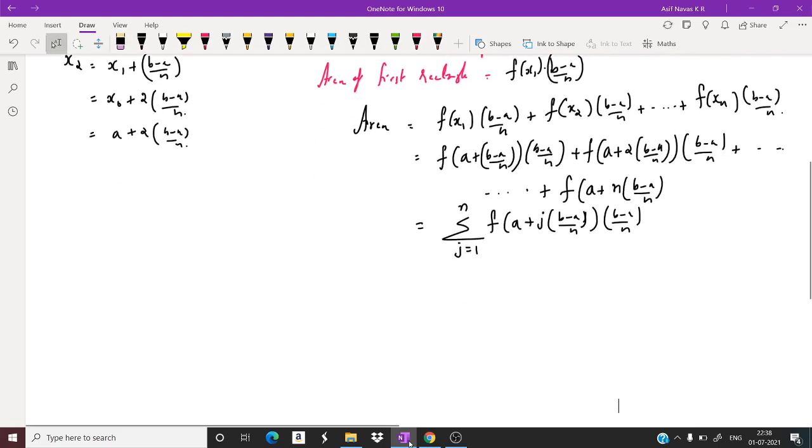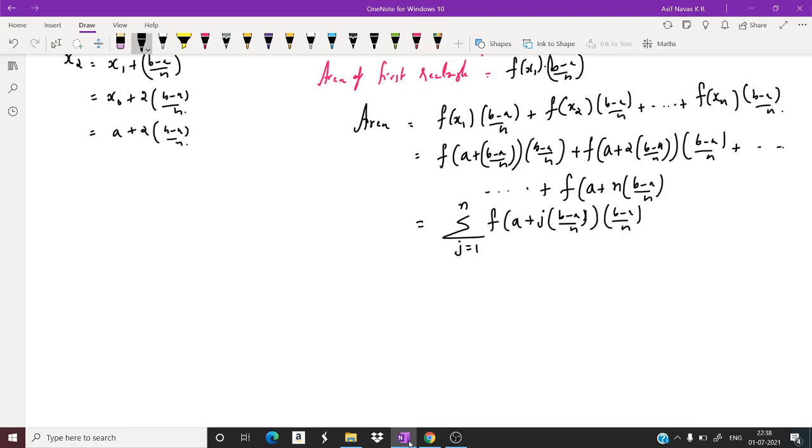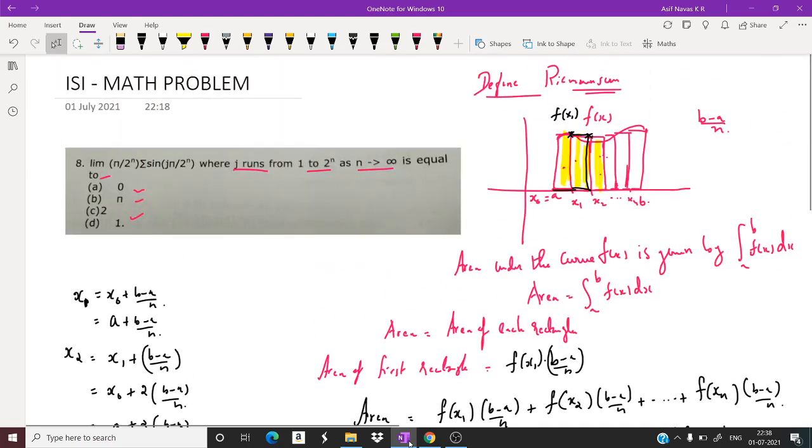Now, therefore, if we cut it into very small widths, that means n tends to infinity, we are summing up all rectangles of smaller width.